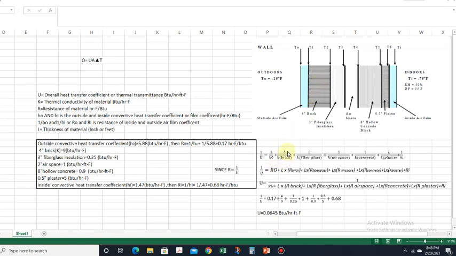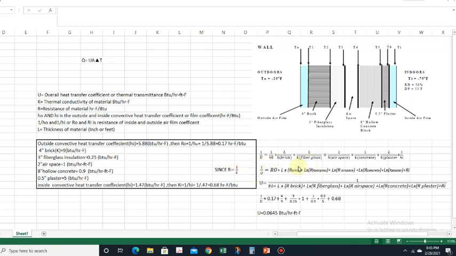So we can write this equation as Rho, that is resistance, the outside film coefficient is 1 by convective heat transfer, and this is L, and this 1 by K is nothing but the resistance. Since resistance is inversely proportional to conductivity.